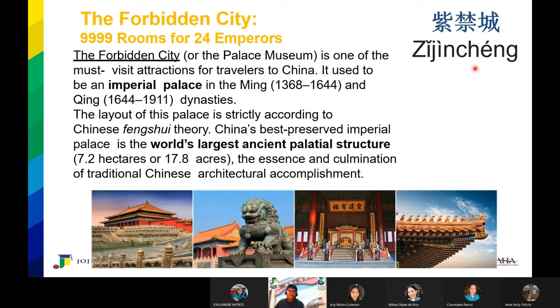It's more like a museum already, with relics of the imperial history of China. So again, Zijincheng is the Forbidden City.